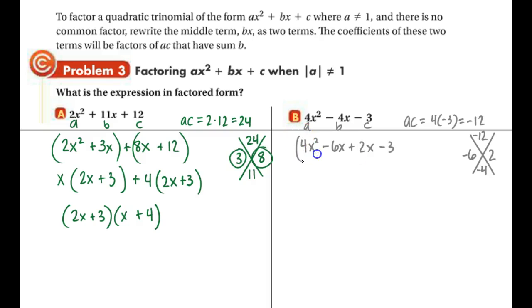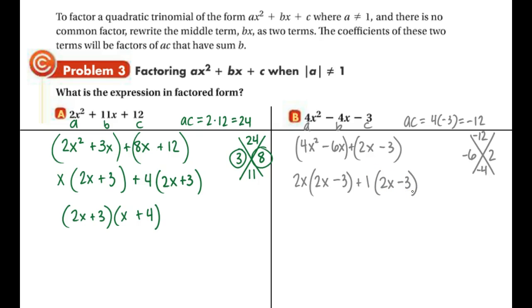So grouping the first two terms and the last two terms, we're going to be using the same GCF process. The GCF of the first expression is 2x. So when you factor out 2x, you should get 2x minus 3 in the parentheses. For the second expression, we actually just have a GCF of 1, so I'm just going to factor out a 1, and we still have the same expression, 2x minus 3.